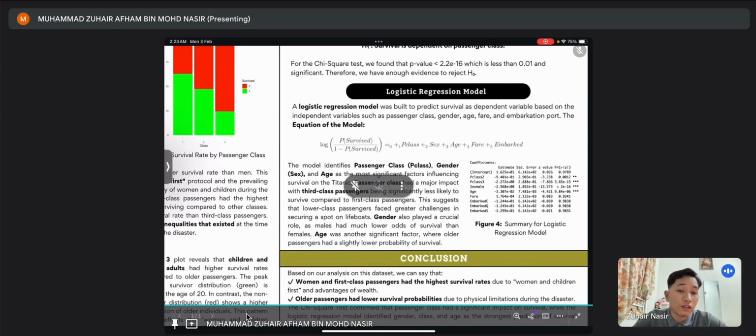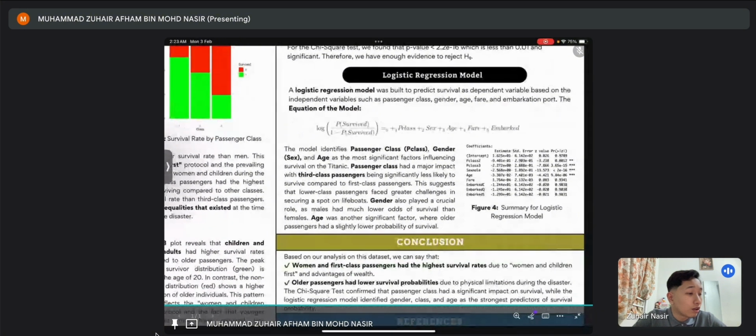We can see the result from the summary of the logistic regression model. Interestingly, the fare variable was not statistically significant, because ticket price alone did not determine survival, but it shows the class distinction between the others.